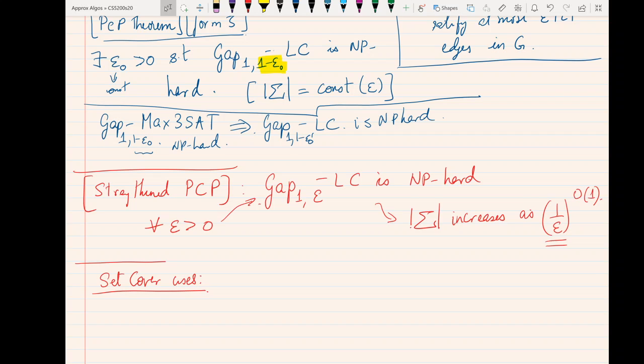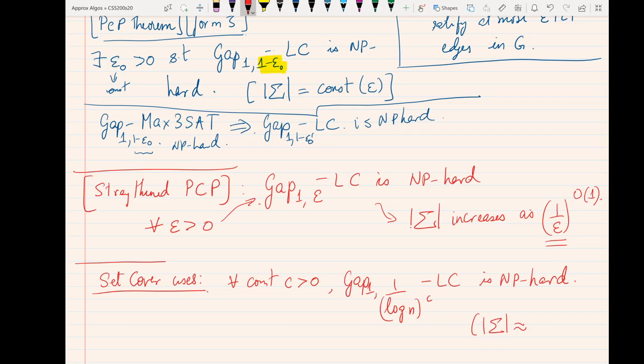This is an even more strengthened version of this, which states that for all constant t greater than 0, and we are thinking of any such constant, gap 1 comma 1 over log raised to c label cover is NP hard, where the alphabet set size is something like order n.